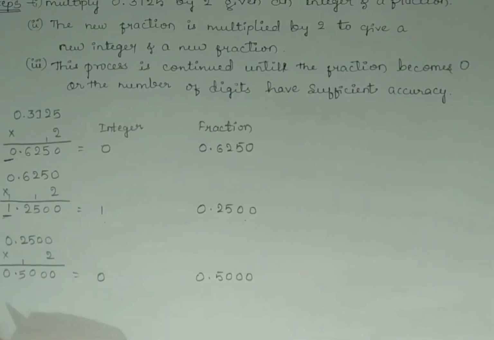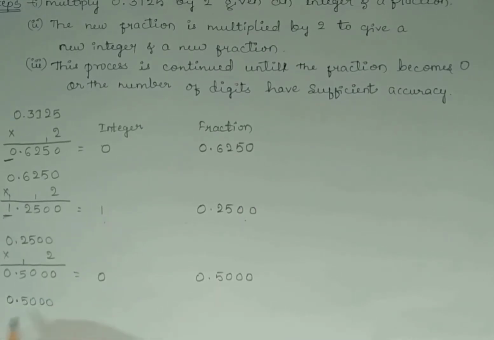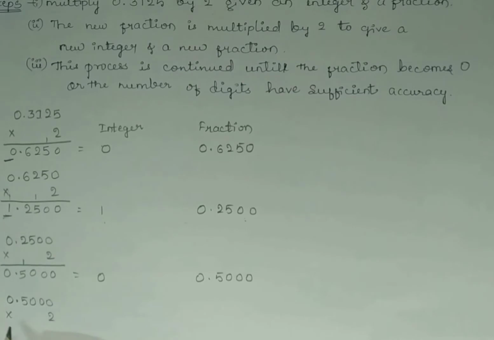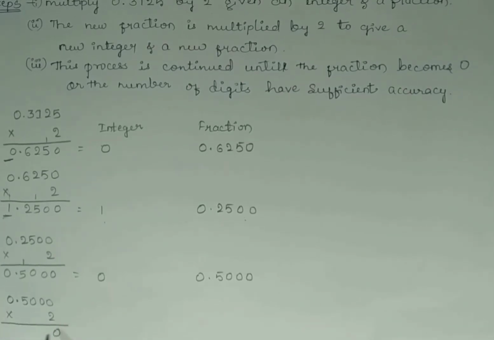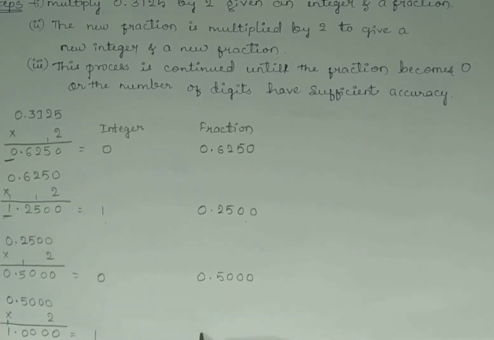Next, take this value 0.5000, multiply by 2. 2 zeros are 0, 2 zeros are 0, 2 zeros are 0, 2 5s are 10. 2 zeros are 0 and 1 as it is. So the integer value here is 1 and the fractional value is 0.